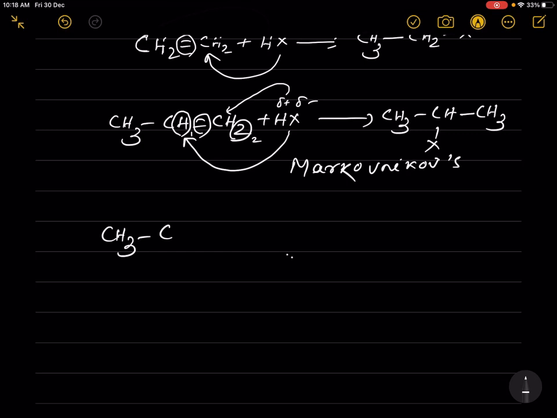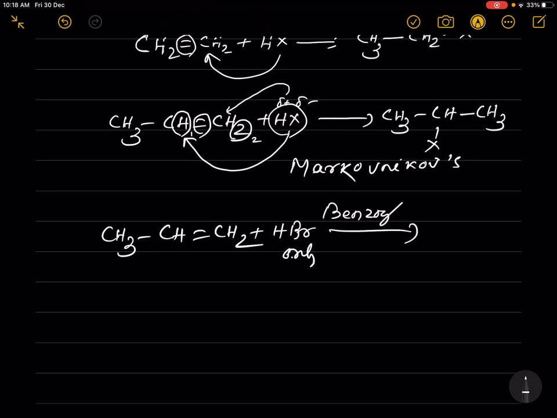Take CH3CH double bond CH2. Here we take HBr only, in the presence of benzoyl peroxide. Markovnikov's rule is reversed. Bromine goes to the carbon atom of the double bond which contains more hydrogens, and the positive part goes to the carbon atom which contains fewer hydrogens, and the double bond becomes a single bond.